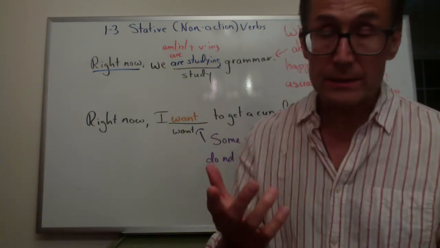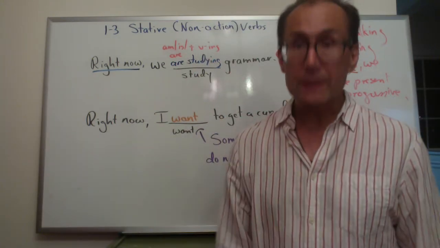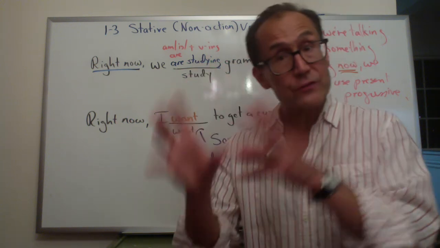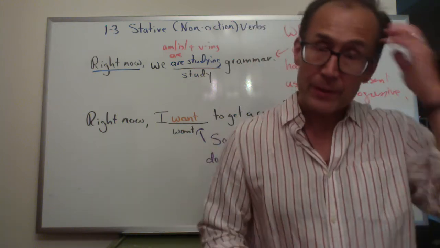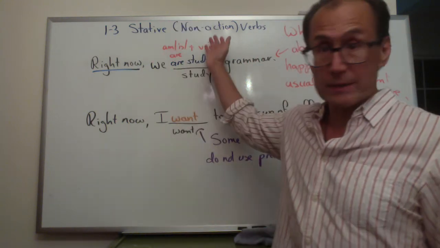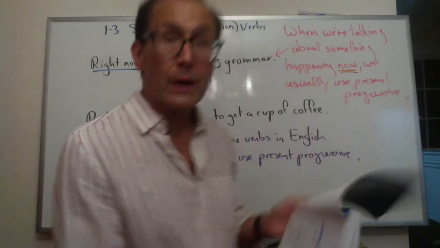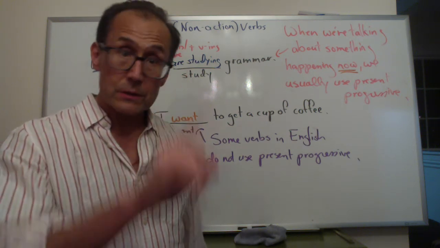The bad news is there's really no good rule that you can memorize to tell which verbs use present progressive and which verbs do not. Most verbs use present progressive. Normal verbs use present progressive, but some do not. But that's the bad news.